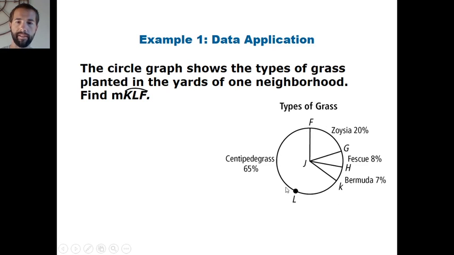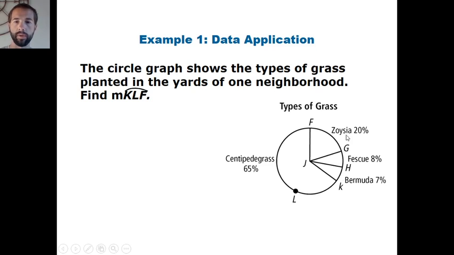So notice how this is a major arc. To find the measure of a major arc, we're going to do 360 minus the measure of the central angle KJF. So we're going to find out what the measure of this arc is, which would then tell us 360 minus that answer would give us the measure of the major arc.